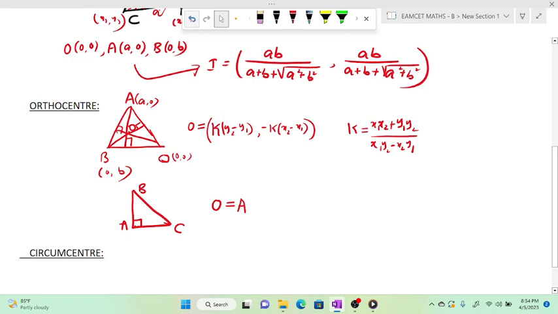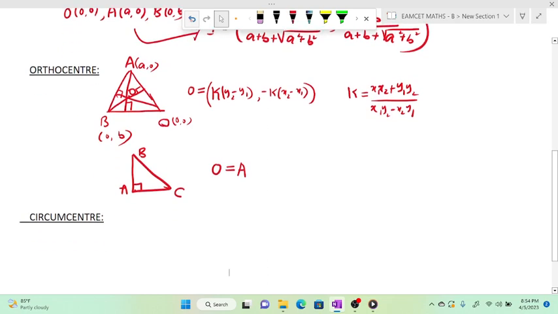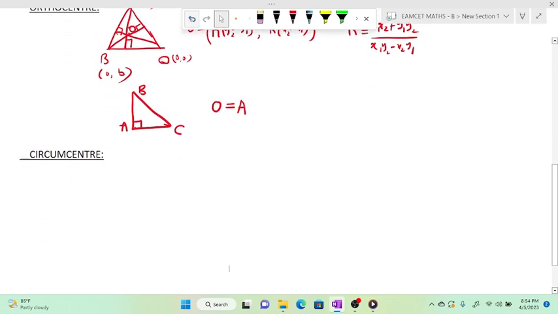Next one is circumcenter. Circumcenter means perpendicular bisectors of the sides of the triangle. Perpendicular bisectors means, this is triangle ABC, and the perpendicular bisectors of the sides.